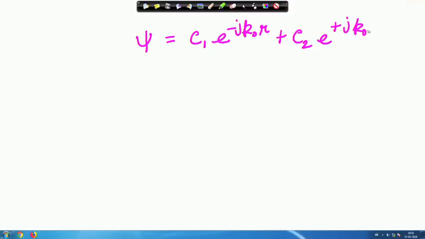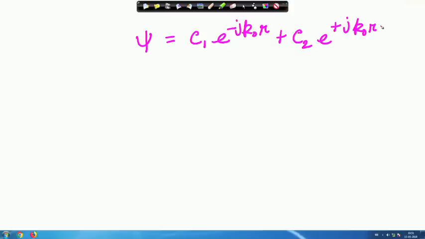We know that phi will be equal to C1 e to the power minus j k naught r plus C2 e to the power plus j k naught r. Both these solutions are possible, that is why we are writing it as superposition of them.